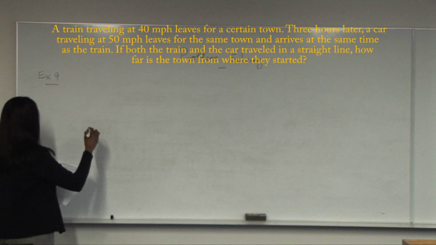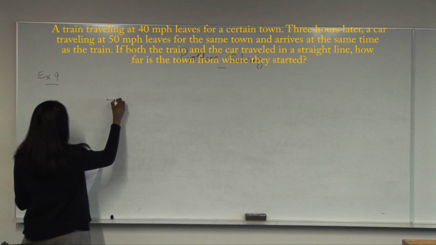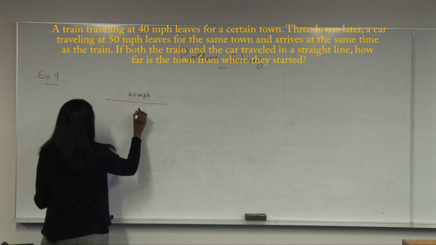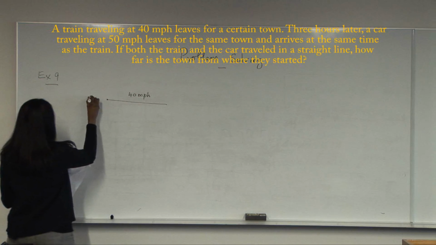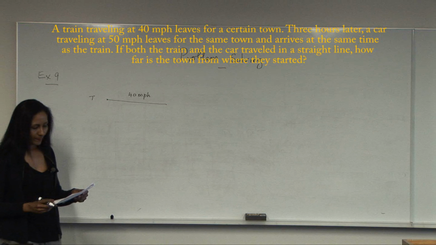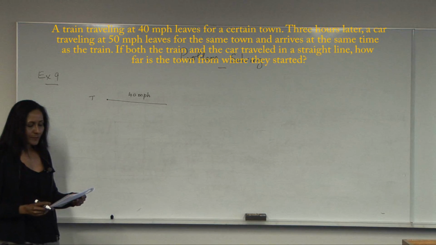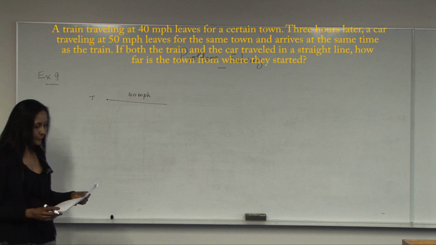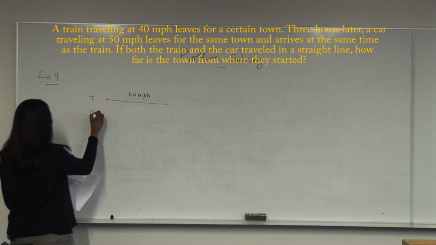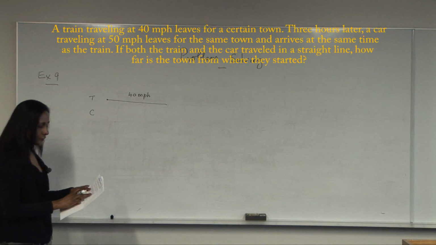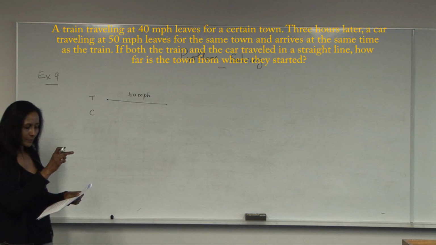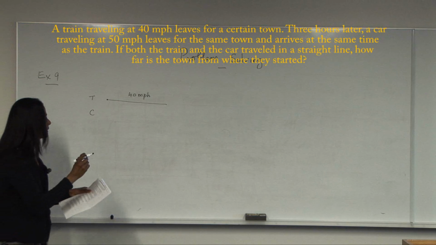So a train traveling 40 miles an hour leaves for a town. This is the train. 3 hours later, a car traveling at 50 miles per hour leaves for the same town and arrives at the same time.